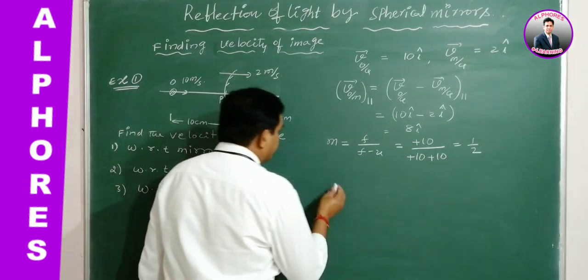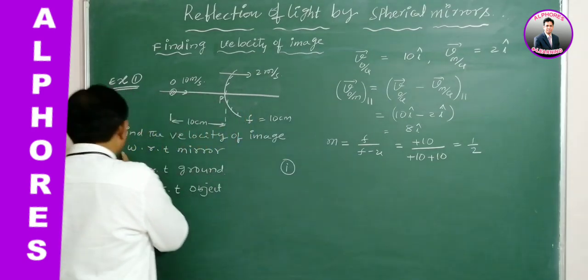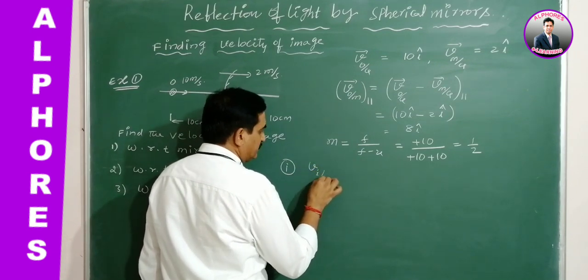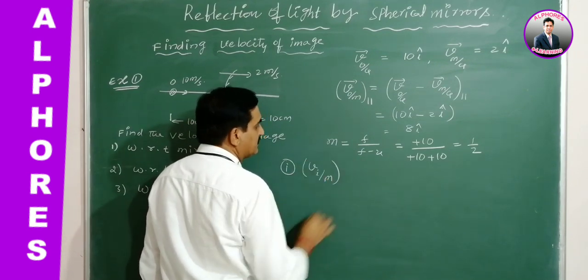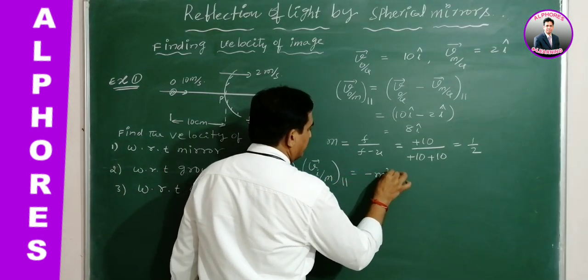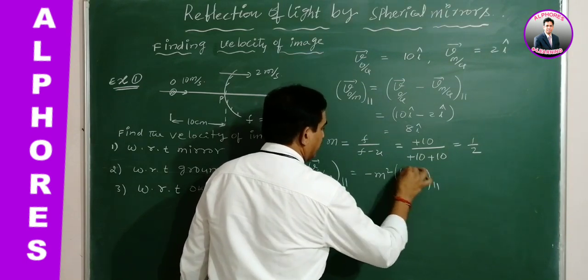So now finding velocity, number 1: velocity of image with respect to mirror, in the parallel direction, equals minus m squared times velocity of object with respect to mirror in the parallel direction.